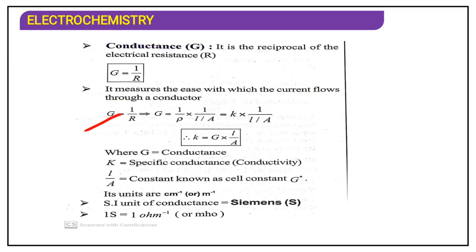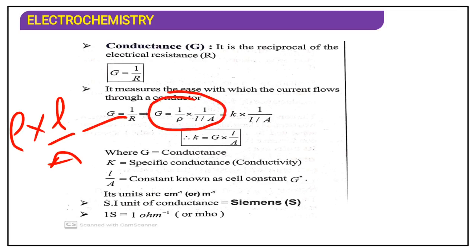The R formula is rho into L by A. So substituting that value, G becomes 1 by rho into 1 divided by L by A.